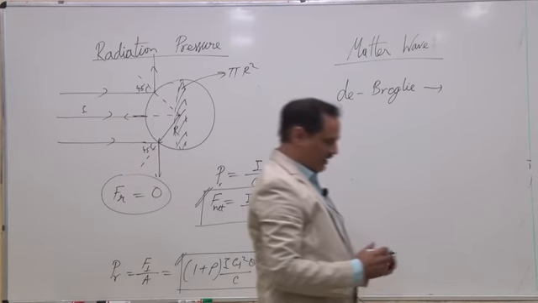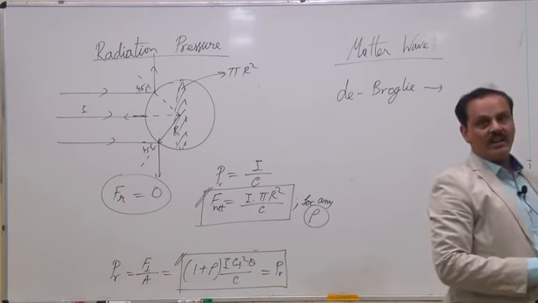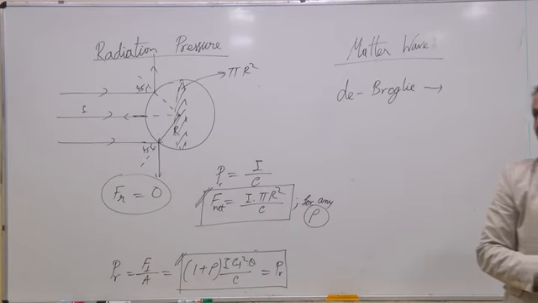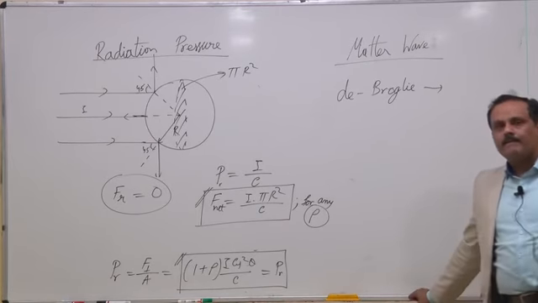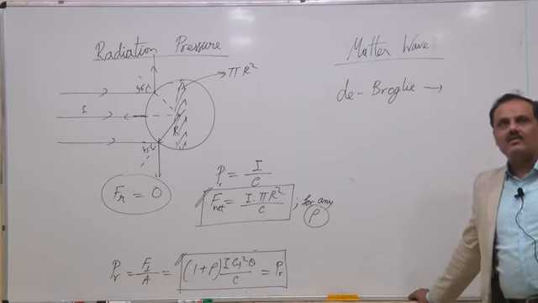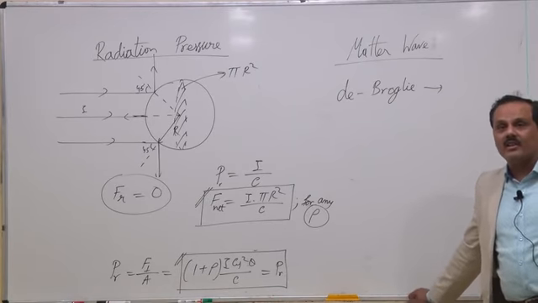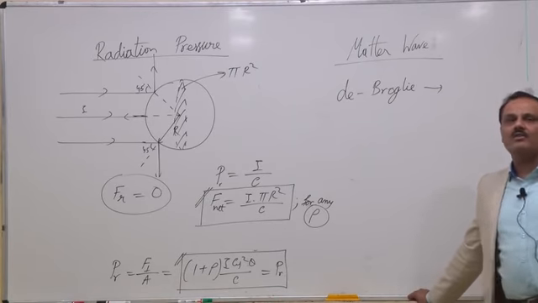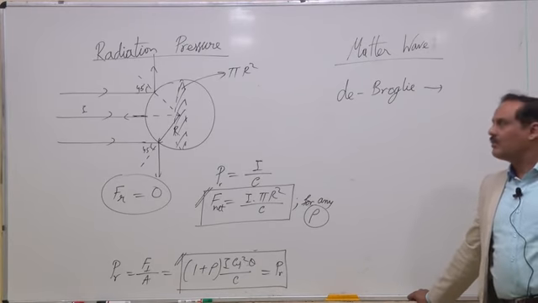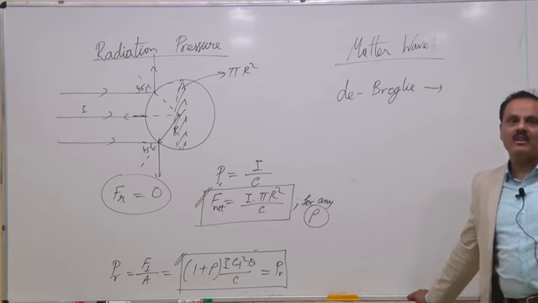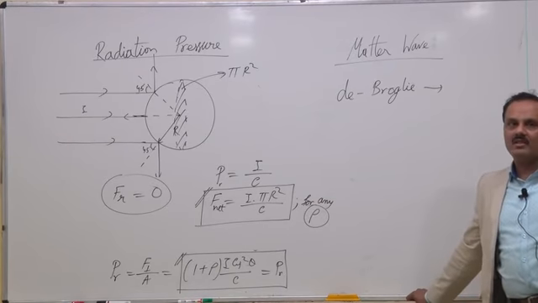He said that similar to light, particle also has dual nature. Particle also has dual nature means that particle also has wave nature. Particle already has particle nature, but they also show wave property when they are in motion. So every moving particle shows wave nature.